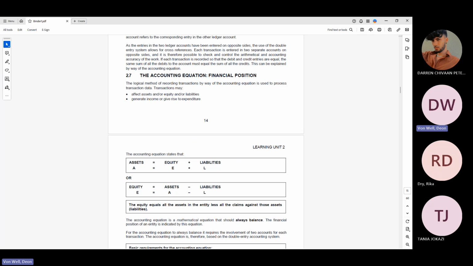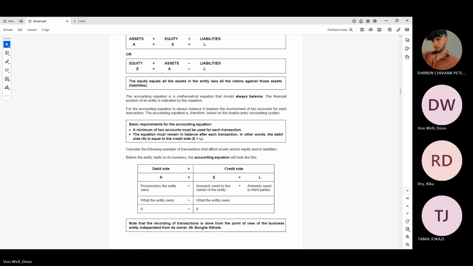Because here I said assets is the combination of the two. So if I only want one part of it, it must be my assets minus the other one. So it's my assets minus my liabilities will give me my equity, because equity plus liabilities are equal to assets.